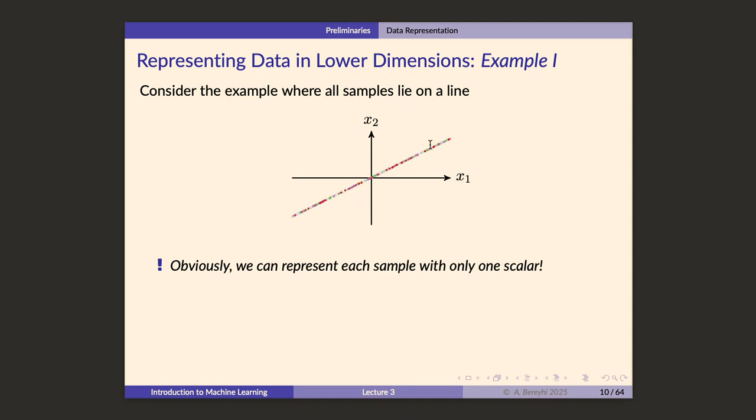So any data X that you see contains 2 entries. But the fact is that every single point of the data is lying on just one line, right? So it's not covering the whole space, but just one line of this space, right? So you're just dropping from a high-dimensional space to a lower-dimensional space. And when this is happening, eventually you don't need both entries of your data, you just need one of them, right?